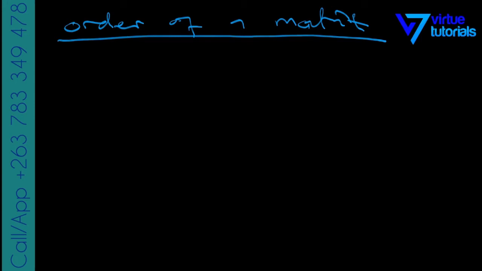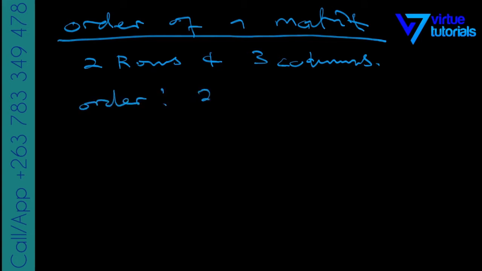For our first matrix, it had 2 rows and 3 columns, so the order will be written as 2 by 3, meaning it has 2 rows and 3 columns. You always start with the rows. Now, I want you to understand you do not multiply these two things to get a 6. This is 2 by 3. It's not 2 times 3, okay?